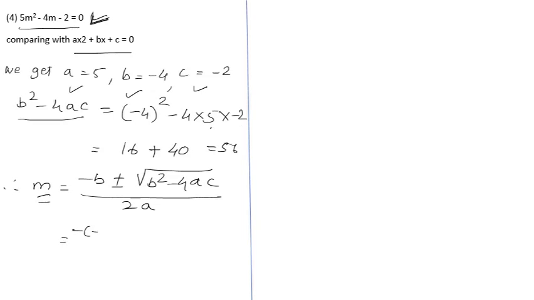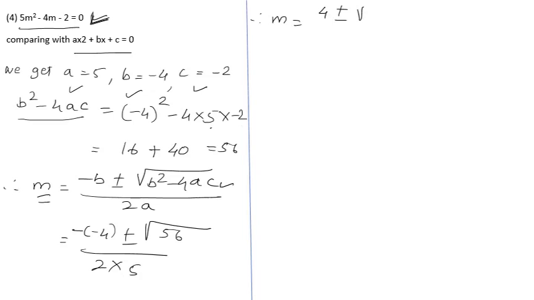So minus minus 4 plus minus the root of 56, the value of this term, upon 2 into value of a, which is 5. Therefore, m equal to 4 plus minus root 56 upon 10.